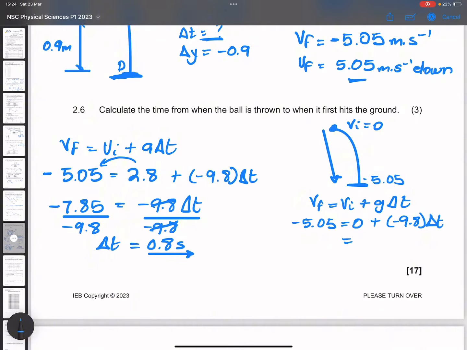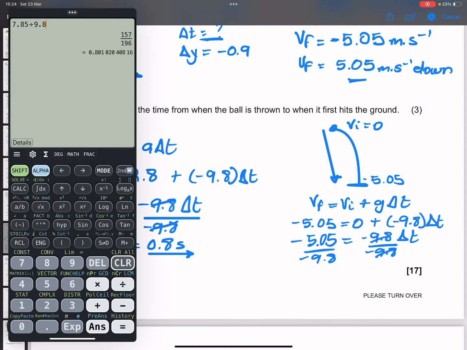And what I'll do is divide by negative 9.8 on both sides. So I get that time to be 5.05 divided by 9.8. I get 0.515.